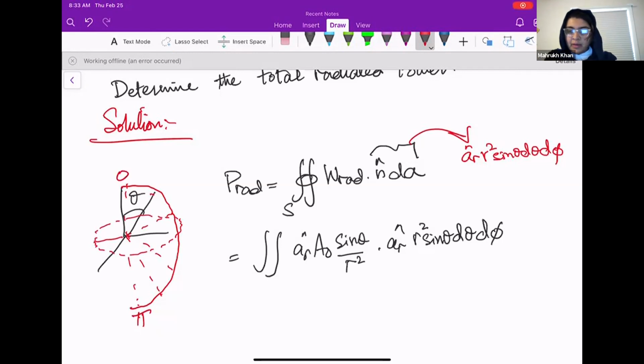The purpose is to make the whole sphere. So we do not need to put theta as 0 to 2 pi, because if we change theta from 0 to pi and phi from 0 to 2 pi, it will automatically create a sphere for us.